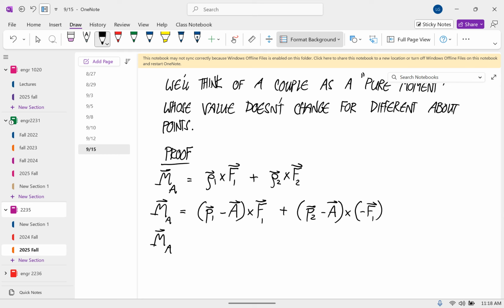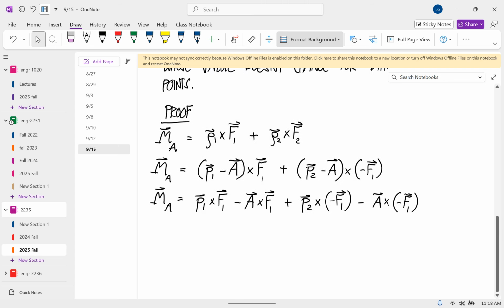So MA is equal to P1 cross F1 minus A cross F1 plus P2 crossed with negative F1 minus A crossed with negative F1. And now you can pull the negatives through.